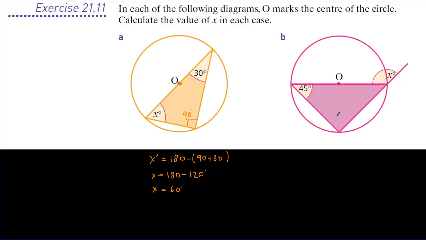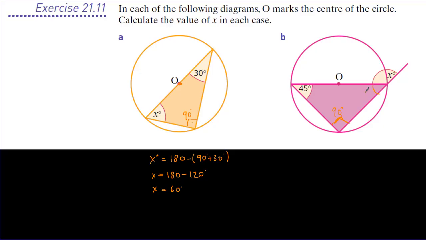Okay, what about this one? Again, it is passing through the diameter, which means that the third vertex on the circle, the angle here is 90 degrees. So this is 90 degrees.